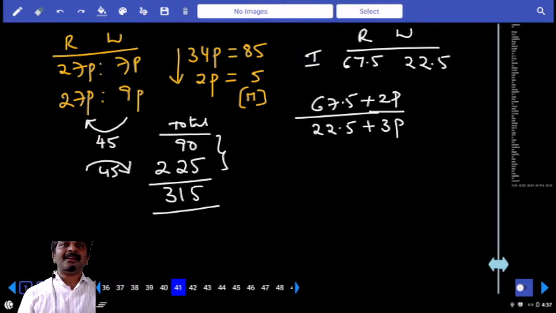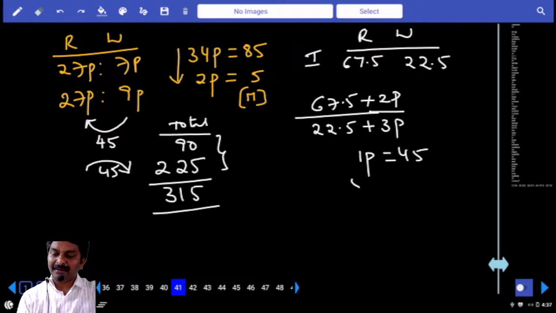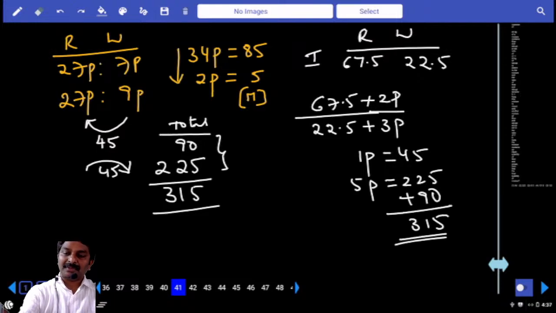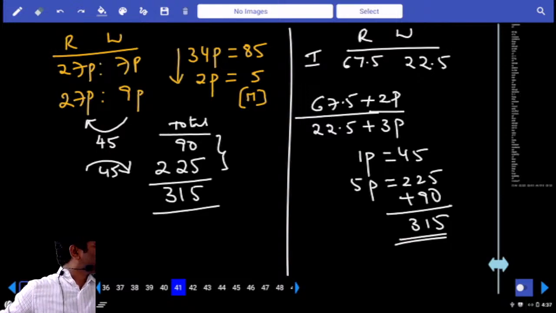Finally, they said both are equal. From this, 1 part is equal to 45, 5 parts is equal to 225. To this we already have 90, which gives 315. This is what you need to do.